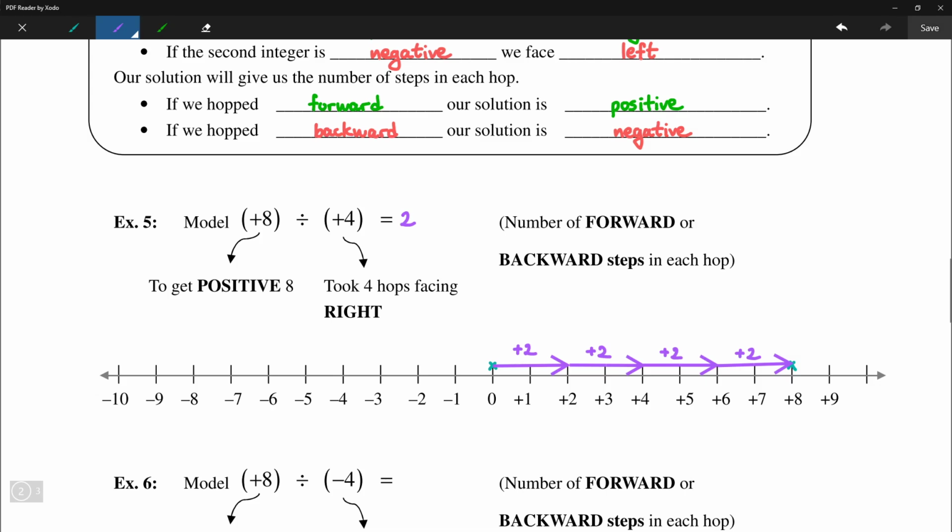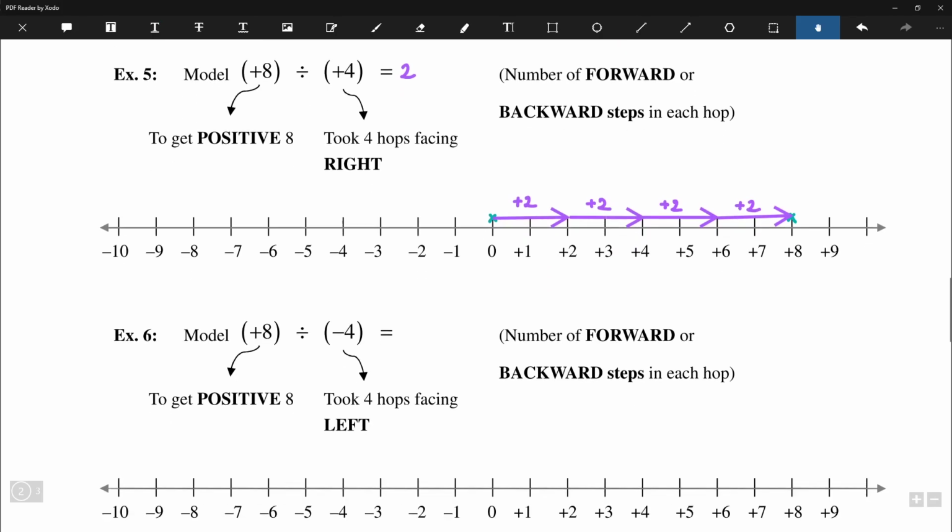Now, what if we have positive 8 divided by negative 4? Our start, which is 0, and our end point, which is positive 8, are the same. But this time we are going to take 4 hops facing left.